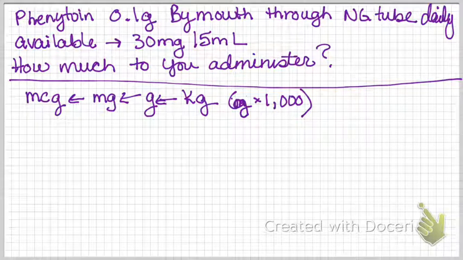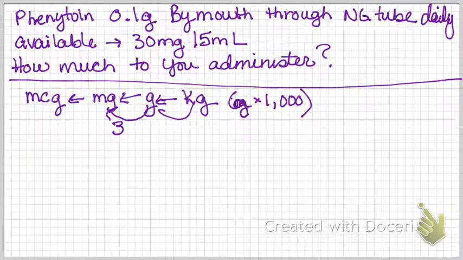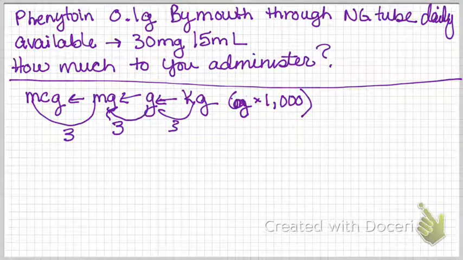If you're going from grams to milligrams, you move it over 3 to the right. Each step you move over 3. If you're going one way, you move it to the right, and the other way, you move it to the left.